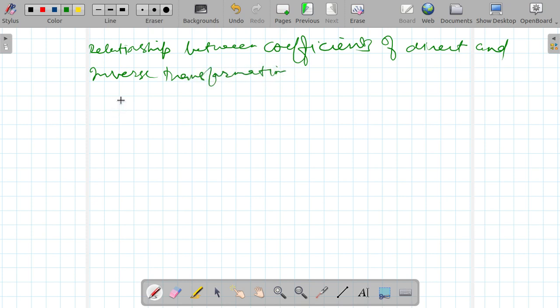So for that, consider equation 9, and equation 9 is this one: alpha mu nu bar and x prime nu, and nu varies from 0 to 3.